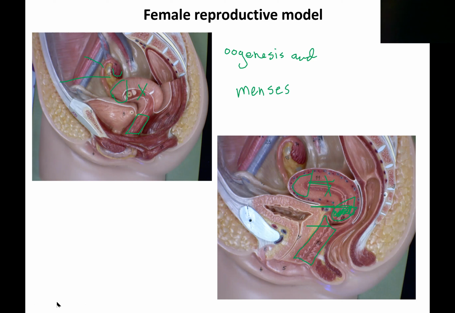The vagina is a receptacle for the penis, and it discharges the menses, fetus, and placenta. Bartholin's glands are here, or vestibular glands. They secrete a lubricating mucus.